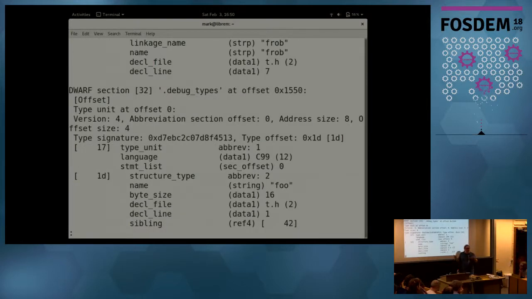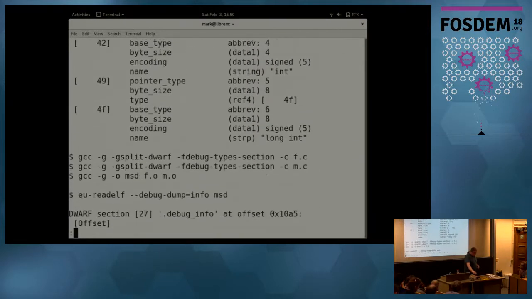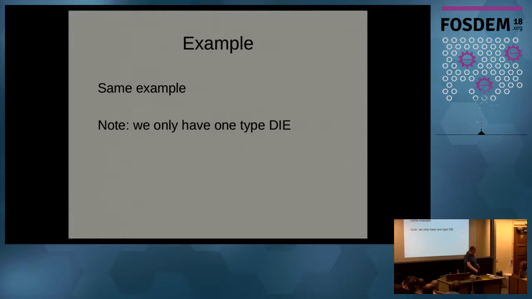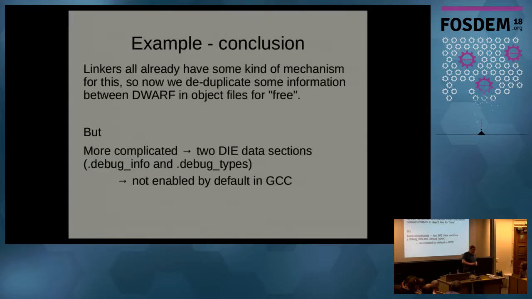And now we have a debug type section with that same signature, and there is only one of them. That's really nice because we need another linker mechanism, but now we deduplicate some information for free.